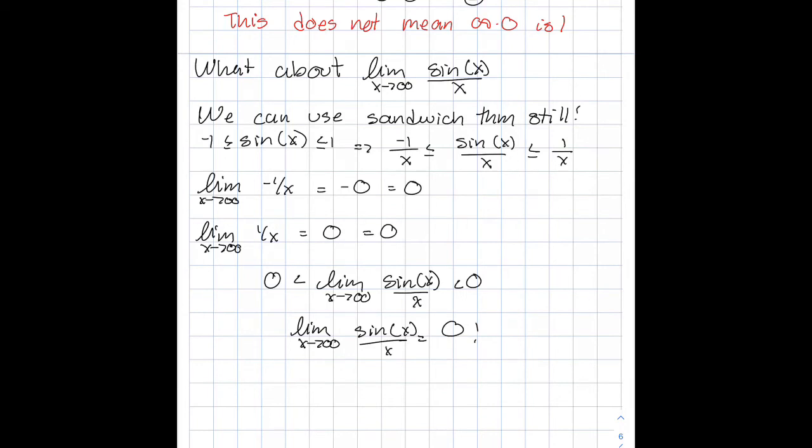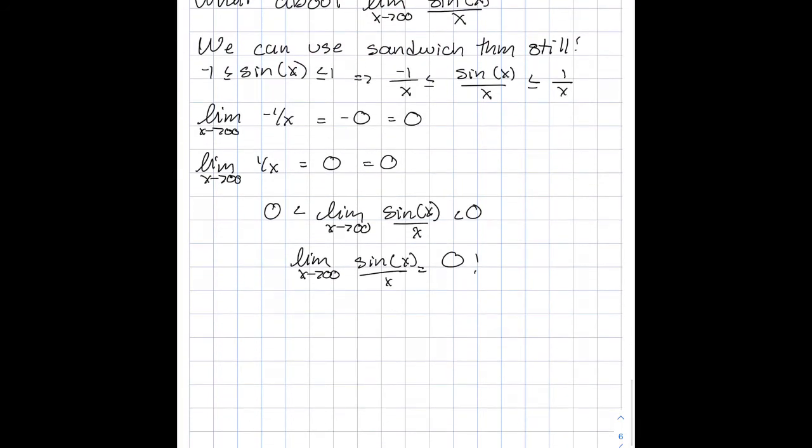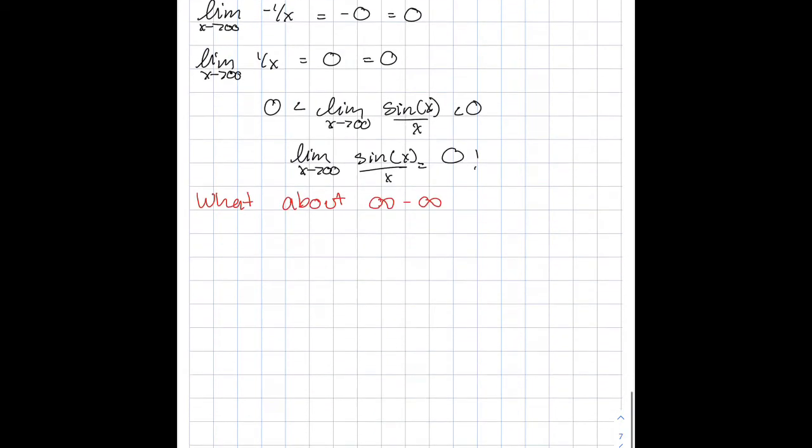So what about infinity minus infinity? Is that going to equal, like, which infinity is bigger? How do I figure that out? When talking about limits, examples are the best way to do it.